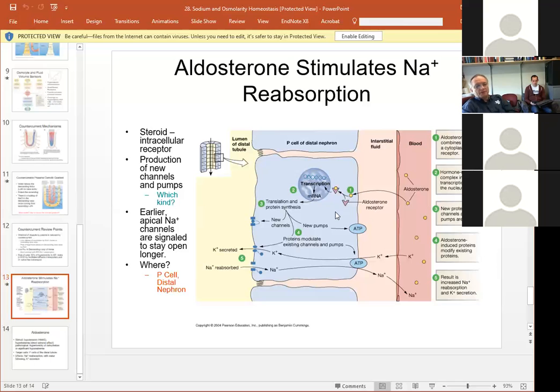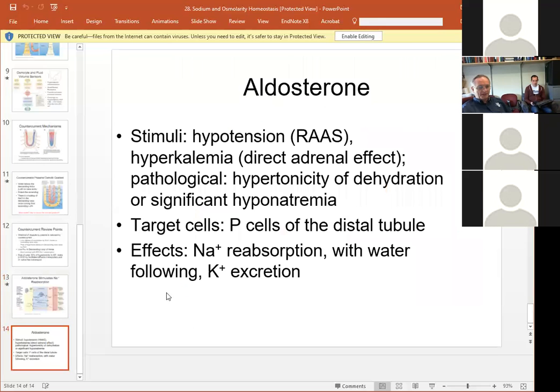Aldosterone is released from the adrenal gland, the adrenal cortex, being a steroid hormone, under the stimulus of angiotensin 2, which is produced from angiotensin 1, which is produced from angiotensinogen, which is cleaved by renin. And that whole pathway we'll talk about next time. That's enough about it for today.